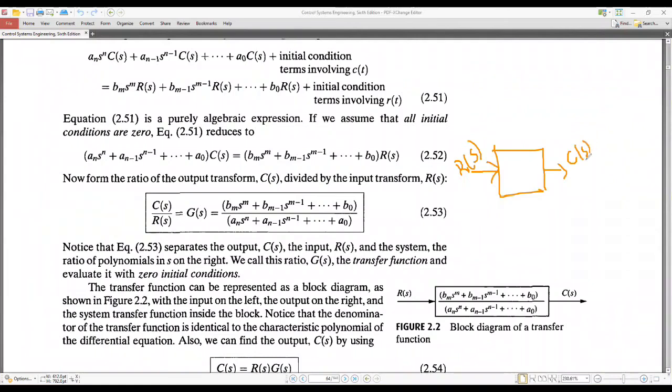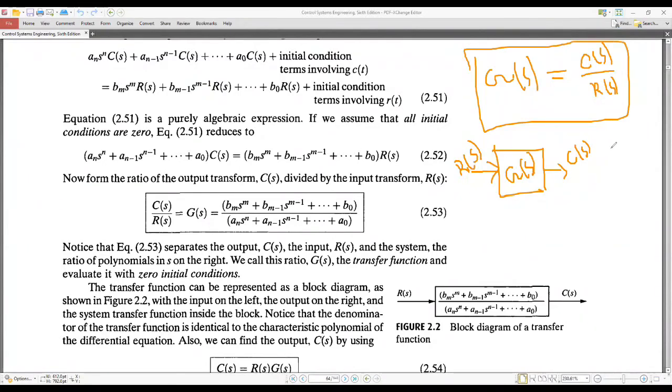So here is the transfer function G(s). The transfer function G(s) would be output C(s) divided by input R(s). That is your transfer function, output by input.